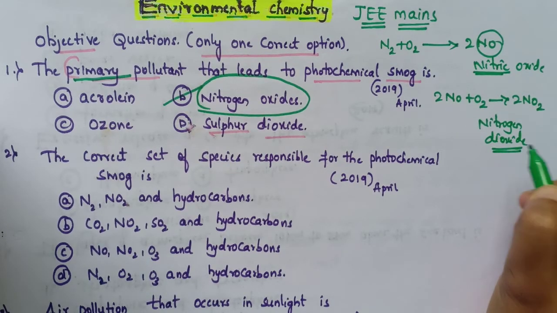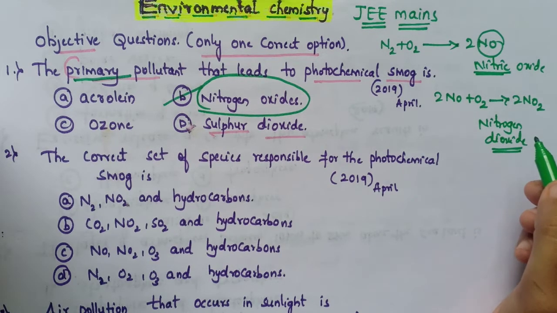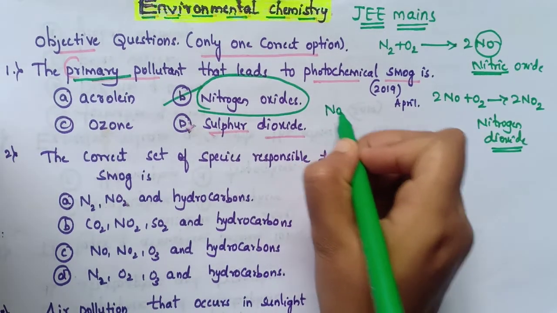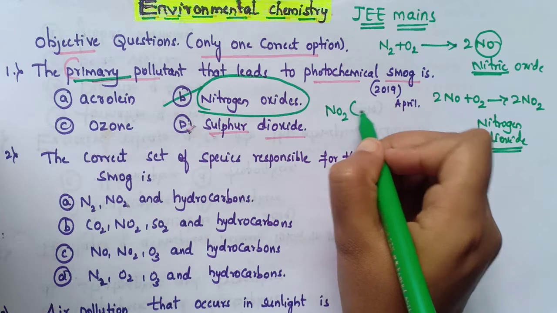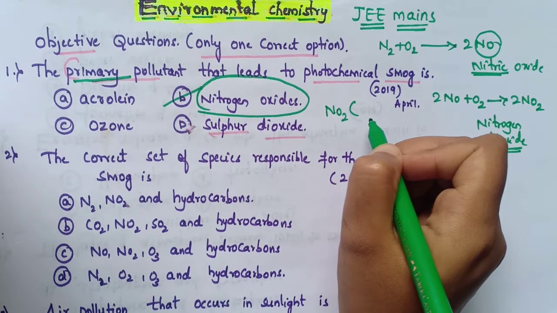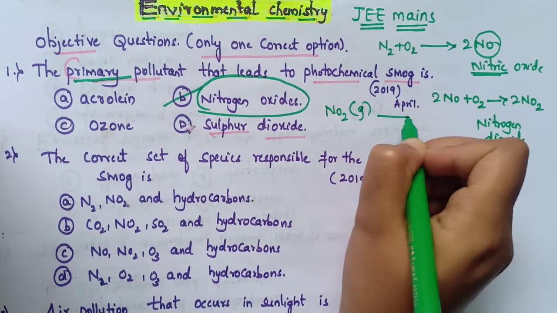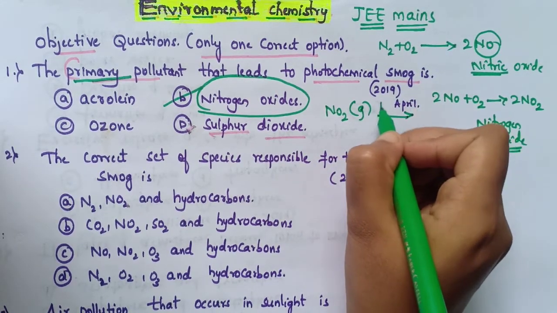This nitrogen dioxide which is formed then absorbs the energy from the sunlight.